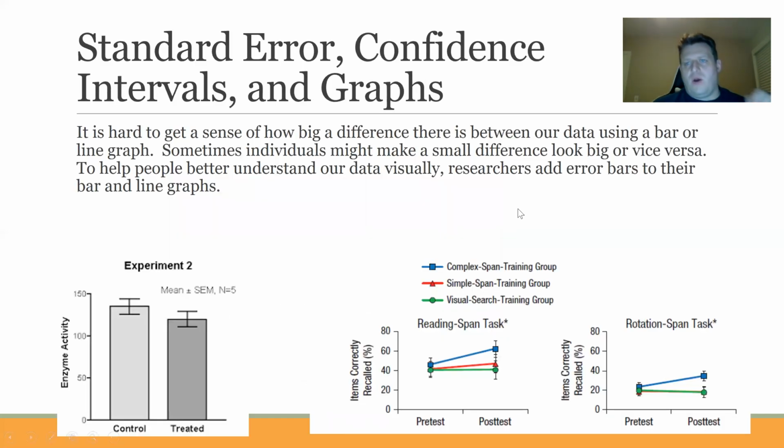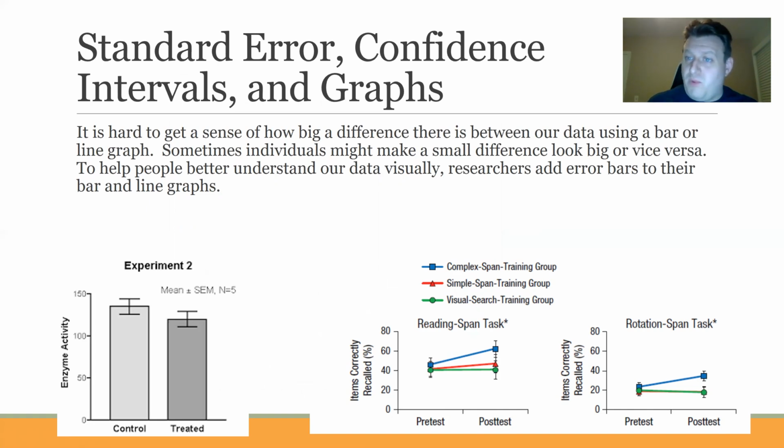Okay. Confidence intervals you're going to see very frequently in graphs, in bar charts, in line graphs, and they're a good way of showing the reader the degree of uncertainty that you have. Because we could show you a difference, and you don't know if it's a small difference or a huge difference, right?